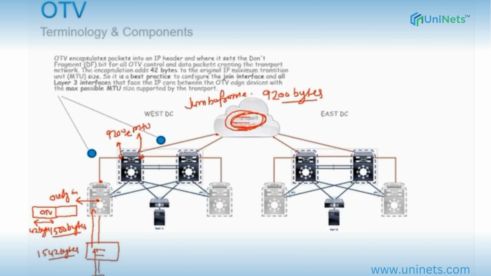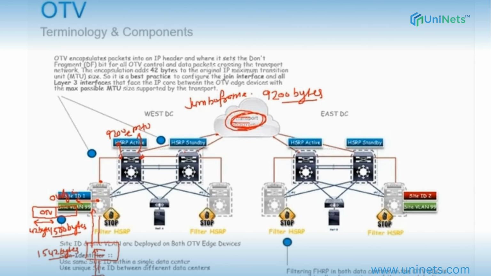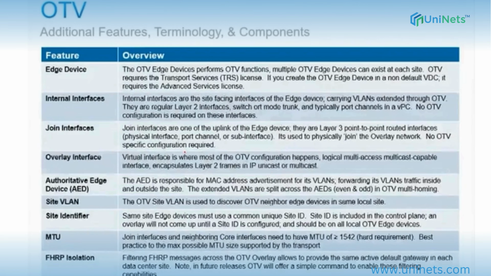But with OTV, the Nexus device will not fragment. So you have to configure the MTU size on each layer 3 interface, so that if any packet greater than 1500 reaches your device, it is not discarded, but allowed through to your IP network.